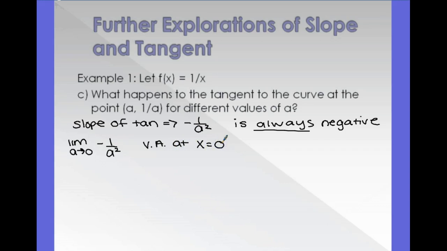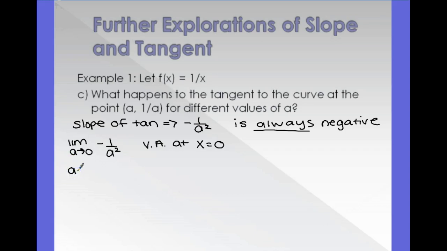It's fair to say we have a vertical asymptote at x equals 0, or at a equals 0 if you don't want to use x because I'm starting to mix the variables. But we have a vertical asymptote at 0. If the slope of the tangent is always negative, the vertical asymptote is also always going to negative infinity then.